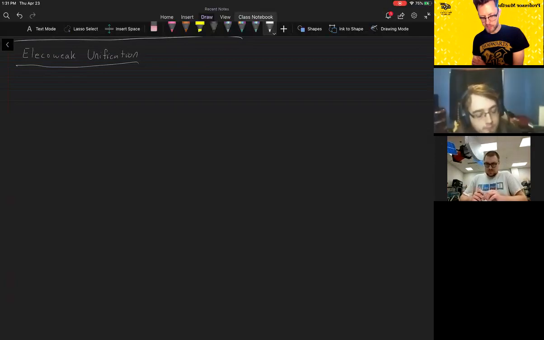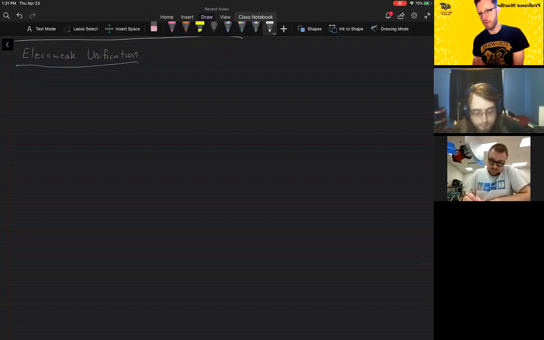And the question is, how did it come about in this unified theory that the photon is massless and the Z is so very heavy? What we're going to see is that this electroweak theory doesn't explain this itself.